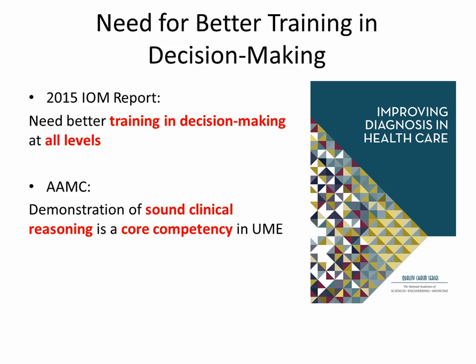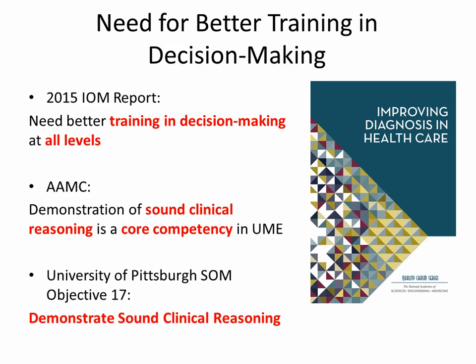This is consistent with goals that the AAMC has for undergraduate medical education, saying that medical students need to have demonstration of sound clinical reasoning and that this is a core competency. And the University of Pittsburgh School of Medicine also lists demonstration of sound clinical reasoning as an objective for its medical students. So this is something that's important both on a larger and more local scale.